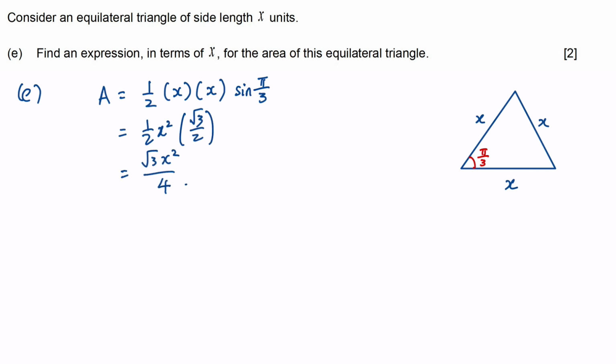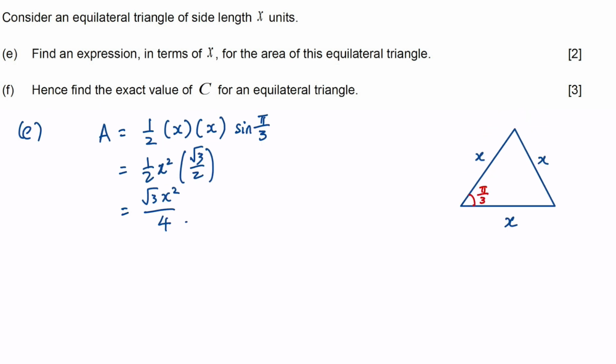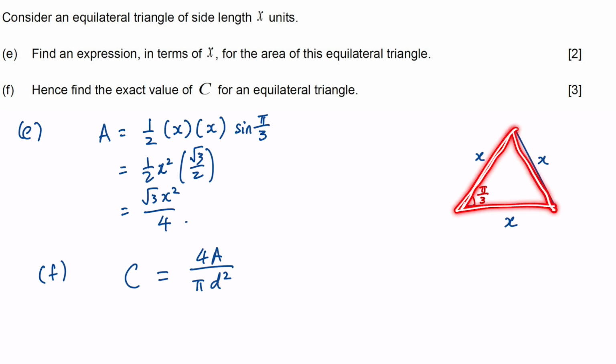If you're not sure how to do this, please go and revise that part of the syllabus, the area of a triangle. Part F, hence find the exact value of C for an equilateral triangle. The formula for C, let's revise, is 4A over pi D squared. We have A already, so now we need D. If you look at this figure, what is the maximum distance between any 2 points? Because this is an equilateral triangle, the maximum D is actually x, when I take 2 points along the boundary and join them up.